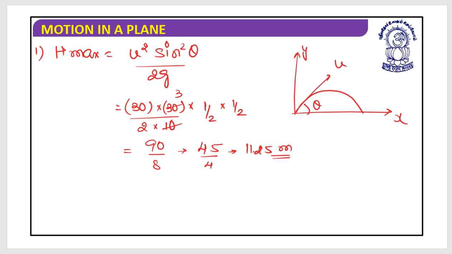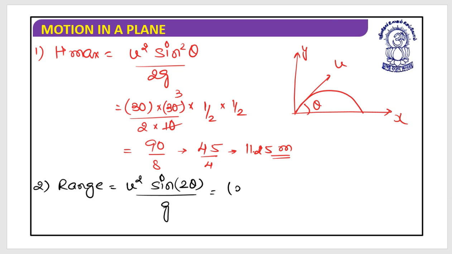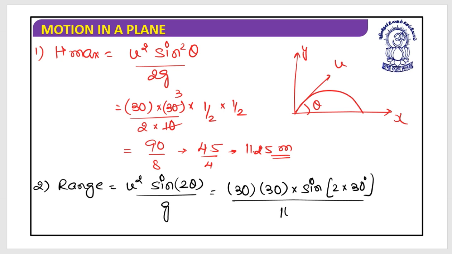Next what I require is the range. Now range is U square sine 2 theta, this is not a square, it's 2 theta, divided by g. So my initial velocity is 30, so it is 30 multiplied by 30 multiplied by sine of 2 into 30 degree divided by g, which is 10.